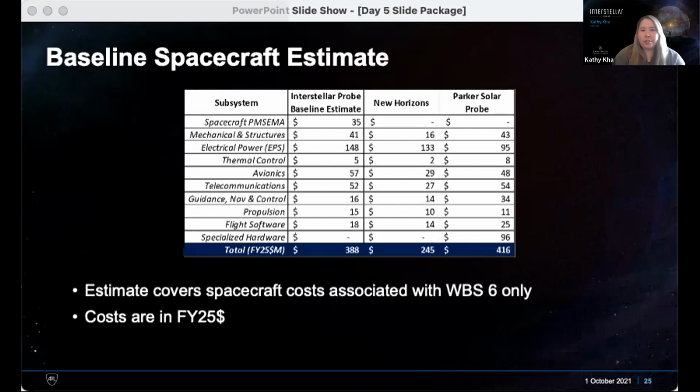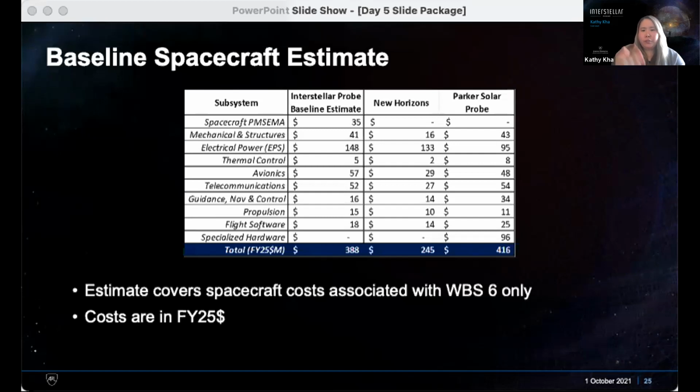There are a couple additions to the Interstellar Probe estimate over New Horizons, which account for why it's higher than New Horizons, even though we are architecturally somewhat similar to New Horizons. The first being that assumption that the spacecraft is agnostic. So we have spacecraft PMS-EMA costs associated with the Interstellar Probe estimate that are not seen on New Horizons or Parker Solar Probe, since APL as an organization usually carries that cost elsewhere.